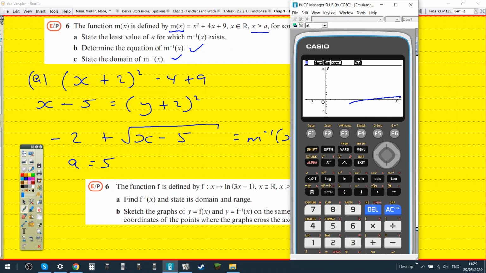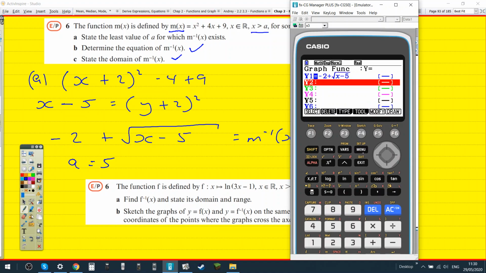If we were to sketch that one, x squared plus 4x plus 9. And so what is the domain for this one so that it becomes a function? X is infinity. No. That would have the same y coordinate twice then.